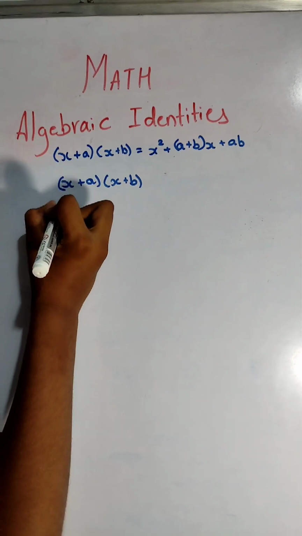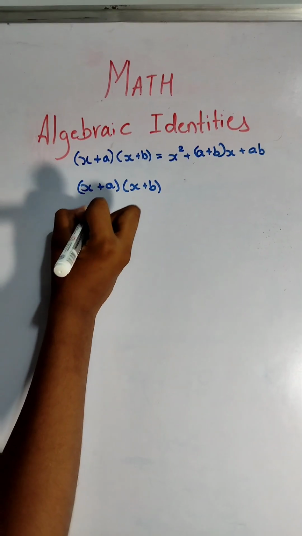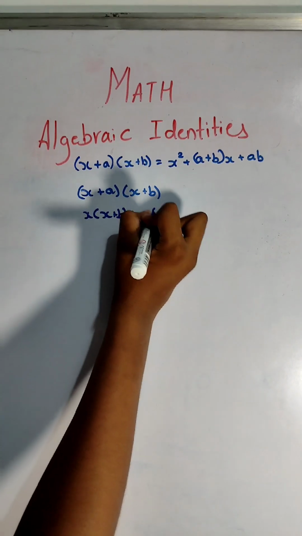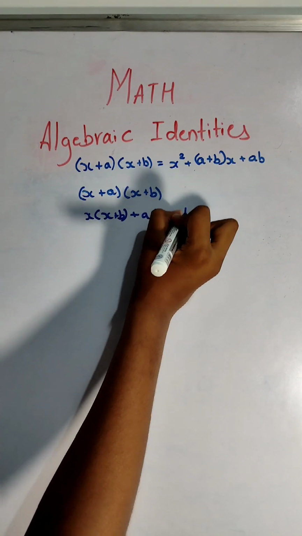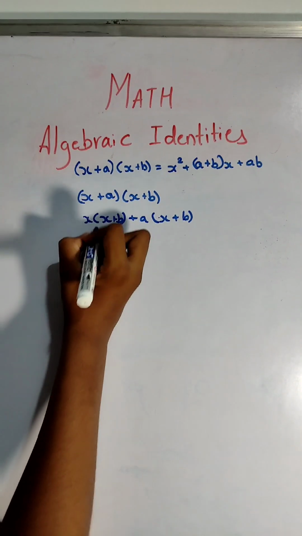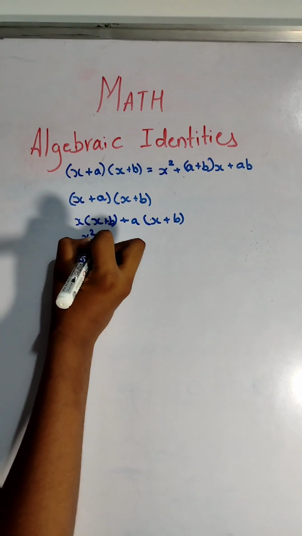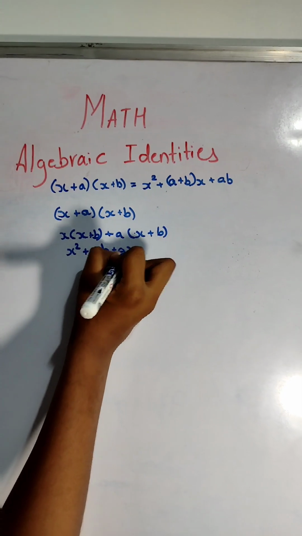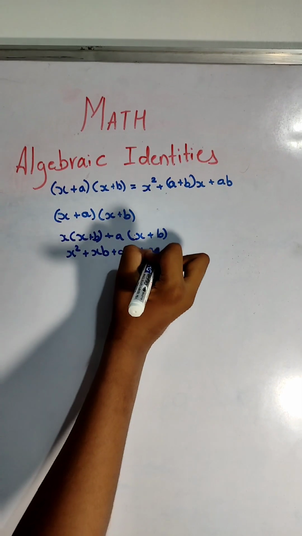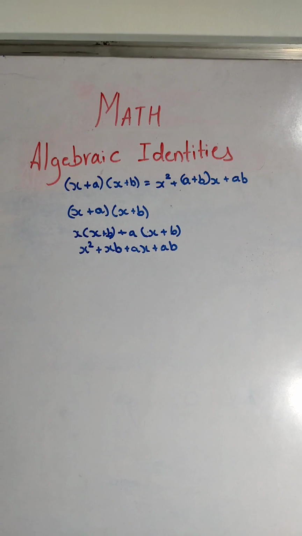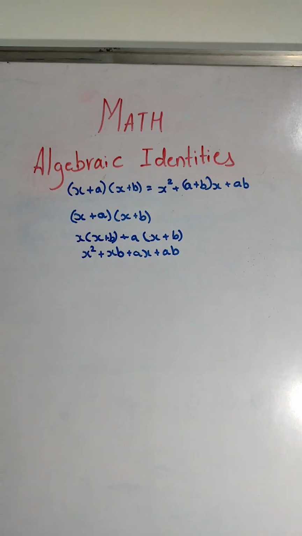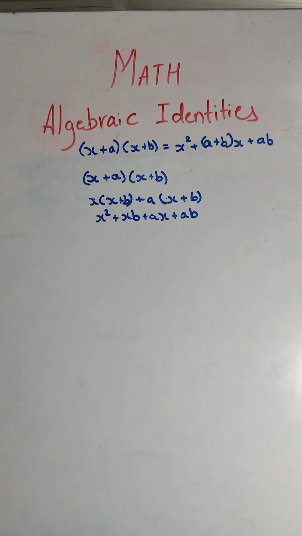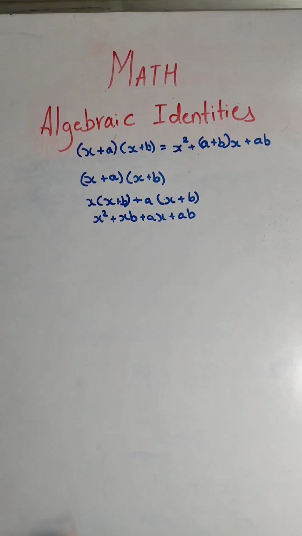Okay, so let's start. First, we have to do simple multiplication. And then this is equal to x square plus xb plus ax plus ab. And over here you can see that x is the common term. So all we can do is group x together and put a plus b or b plus a aside.